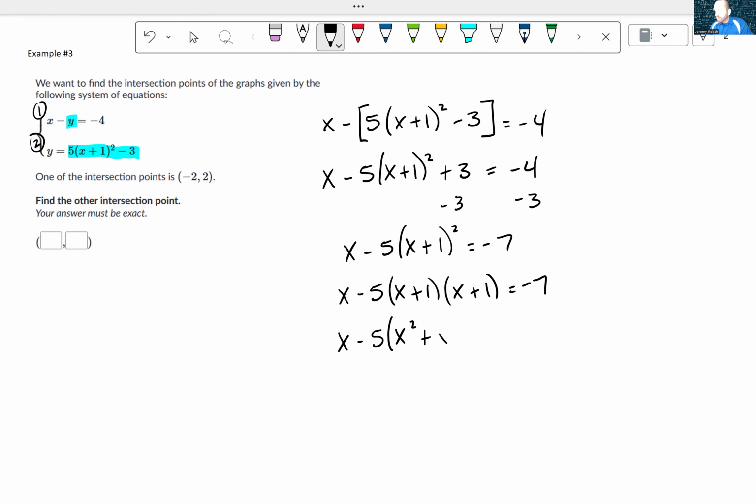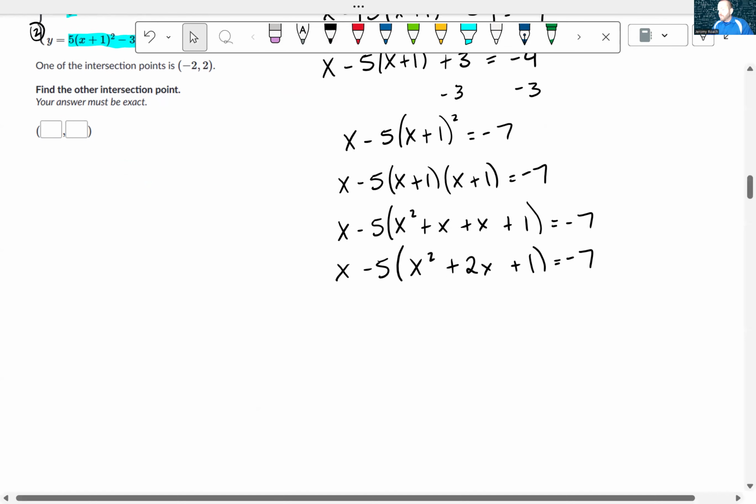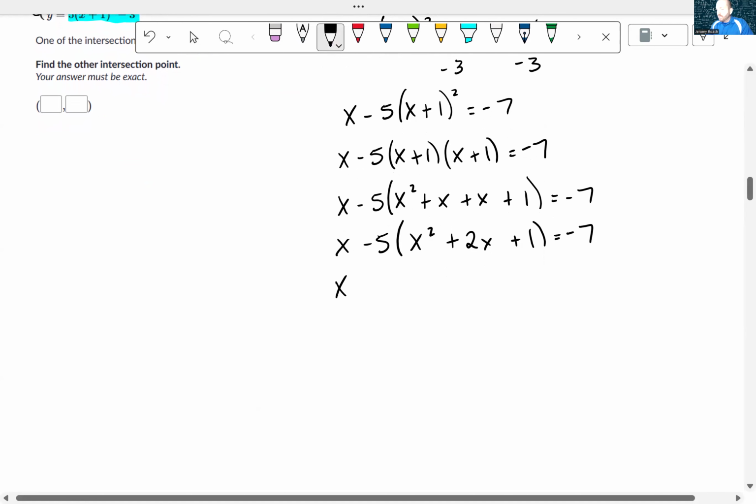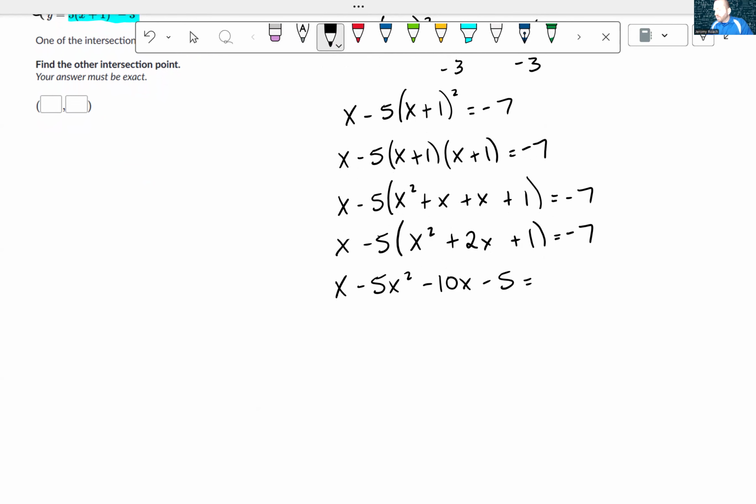So we get x squared plus 2x plus 1 is equal to negative 7. Okay, now we're going to distribute the 5. So we get x minus 5x squared minus 10x minus 5 is equal to negative 7.